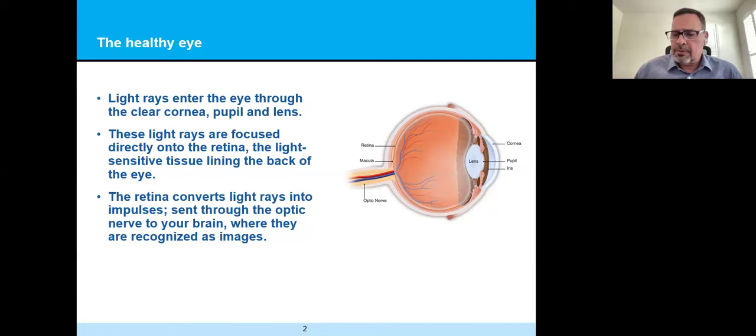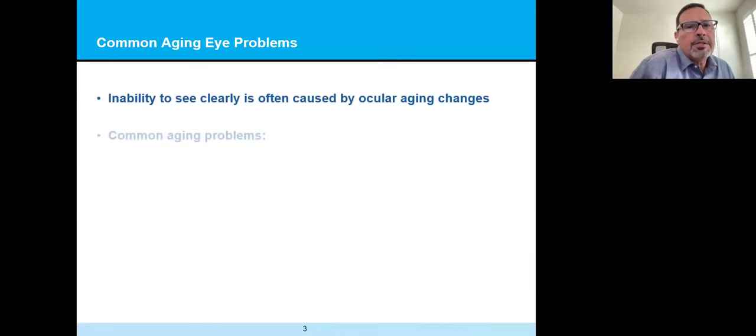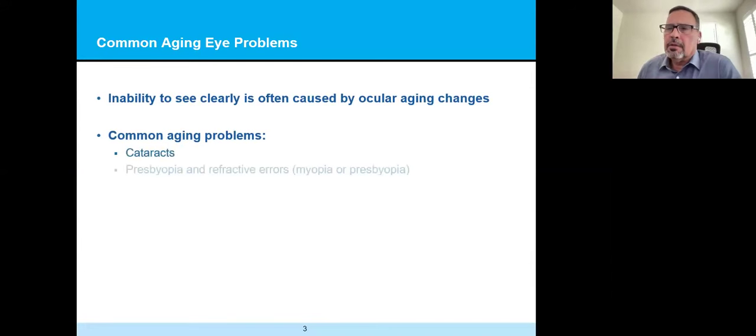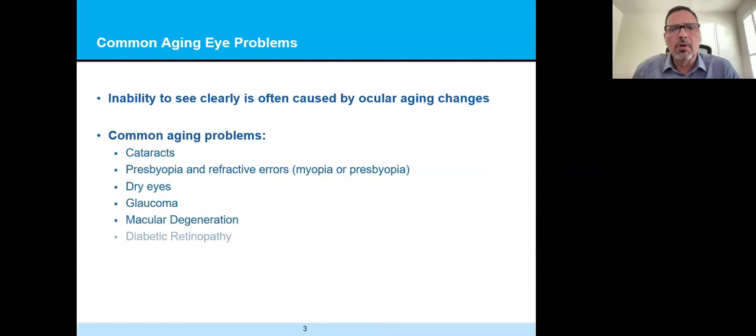So it's important to understand that aging causes some changes in the vision, and these changes are not always associated with Parkinson's, but some of the symptoms can be similar. So again, cataracts, which is the clouding of the lens of the eye. Presbyopia is the inability to focus images up close, and that's something that happens to most of us as we age, typically after 40.